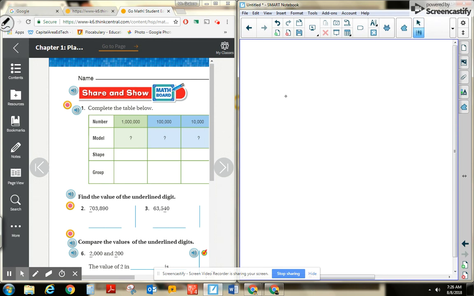So let's take a look at another problem, and the other problem is number 3 here. So we'll write this number out: 63,540. We want to find the value of this 4. Once again, I'm going to label my place value ones, tens, hundreds, thousands, and then this goes 10,000.